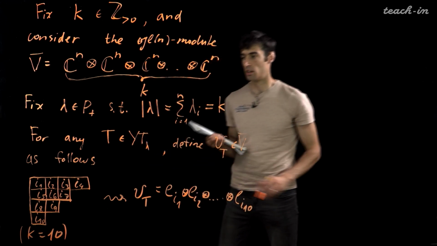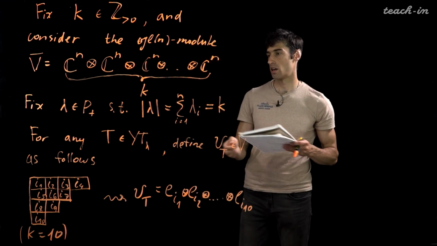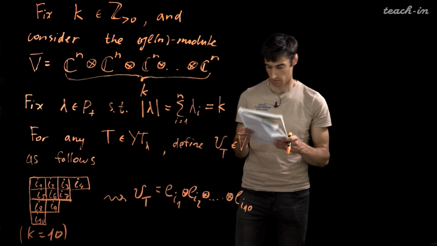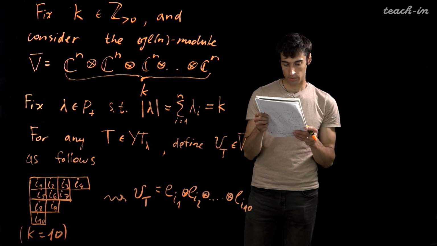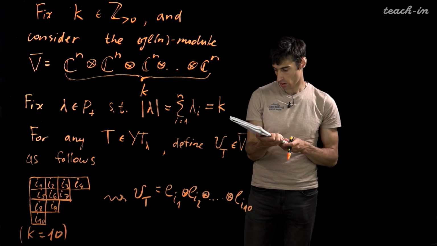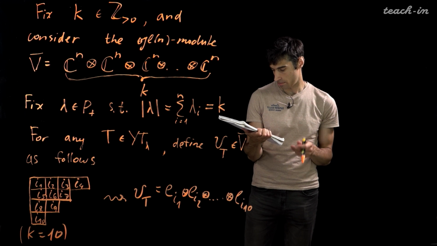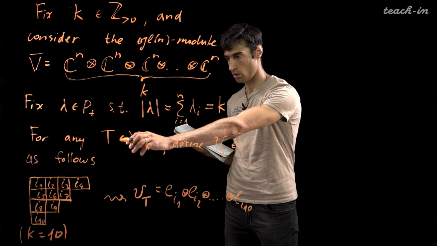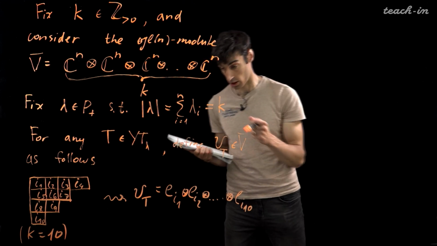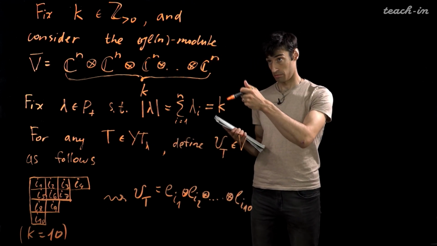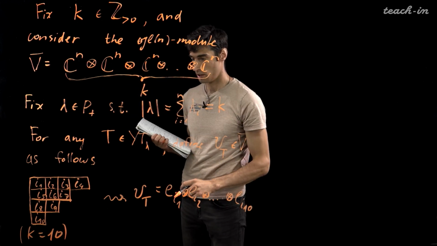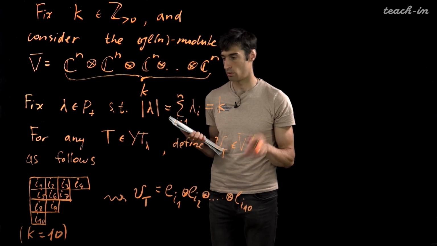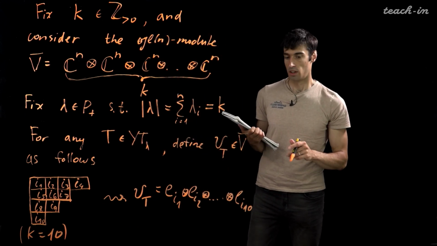So this is how vectors correspond to Young tableaus of shape lambda. Now, obviously, if I consider all VTs, where T are all Young tableaus of some fixed shape lambda, this gives me a basis of V bar because I can fill it with whatever numbers, without any rules.